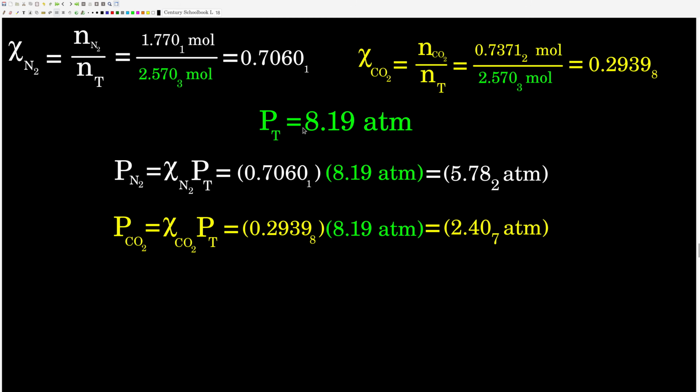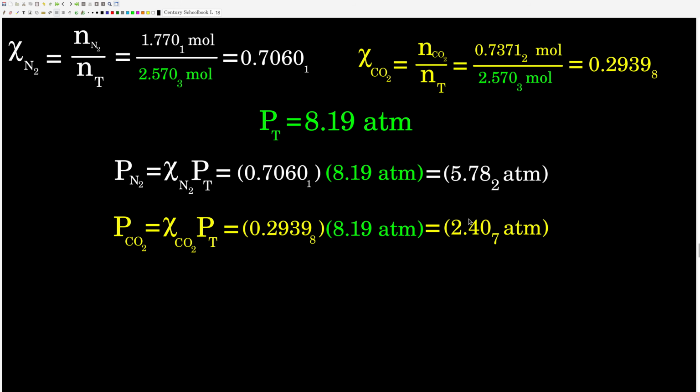We're given the total pressure in the problem, so now that we know the mole fractions, we can calculate the partial pressures. Partial pressure of nitrogen, mole fraction of nitrogen times the total pressure, is 5.782 or so atmospheres. Likewise, partial pressure of carbon dioxide, mole fraction, total pressure, 2.407 atmospheres.